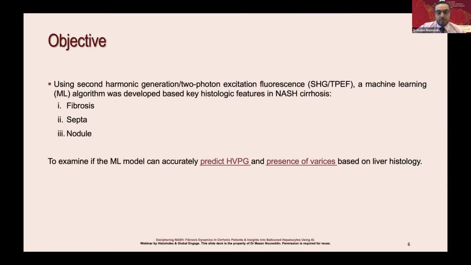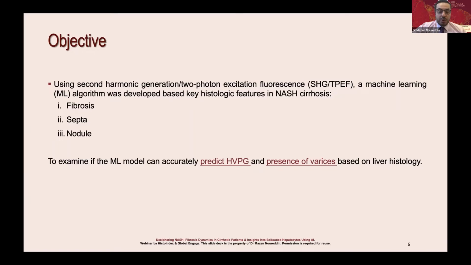So using second harmonic generation two-photon excitation fluorescence and a machine learning algorithm, we incorporated these concepts, the fibrosis, and we took many parameters for fibrosis, septa, including many parameters of septa, and nodule, including many parameters of nodules. And we have the advantage of machine learning here that allowed us to look into many hundreds of these parameters.